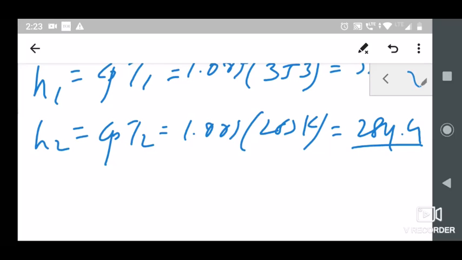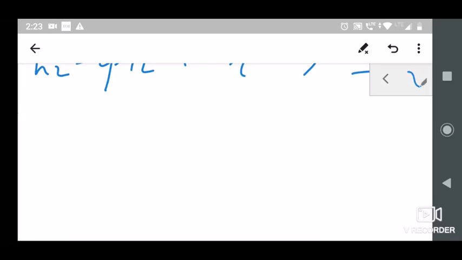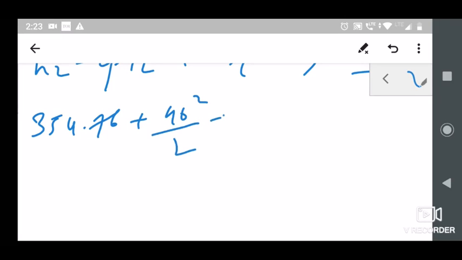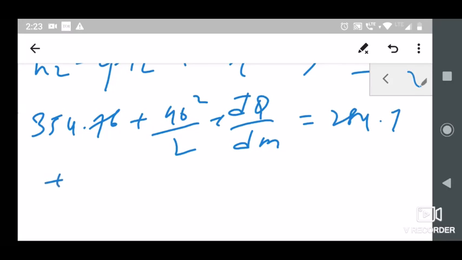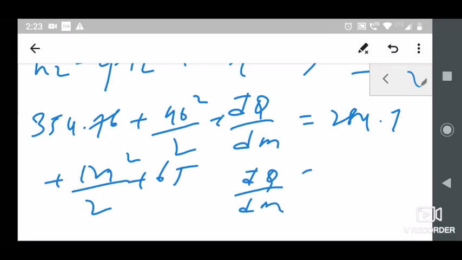Now by directly substituting in the steady flow energy equation, you can get the values. That is 354.76 plus 40 square by 2 plus d dash q by dm is equal to 284.4 plus 125 square by 2 plus 65. So finally from this we can calculate d dash q by dm as 8161.9 minus 1154.6.